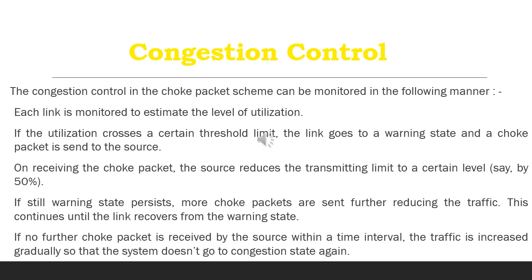If the warning state still persists, more choke packets are sent, further reducing the traffic. This continues until the link recovers from the warning state. If no further choke packet is received by the source within a time interval, the traffic is increased gradually so that the system does not go to the congestion state again.